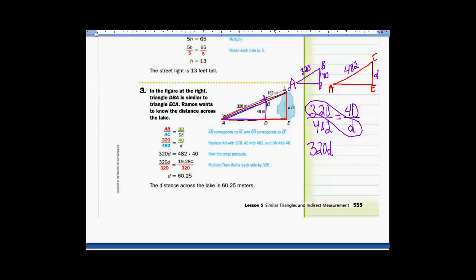320 D. Now get out your calculators for the next one. 482 times 40, they already have it worked out for you right there. 19,280. Divide both sides by 320.